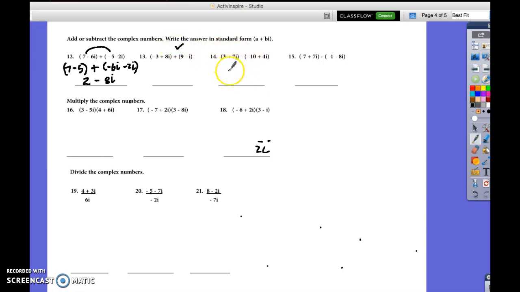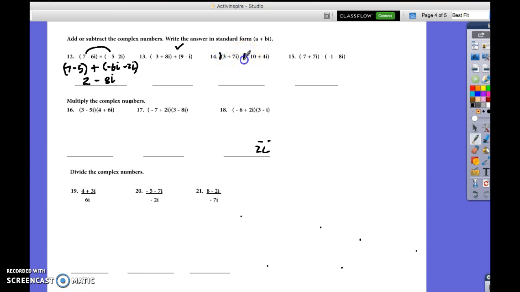Subtraction is a little bit more challenging, but not hard. So for the subtraction, we got the 3 plus 7i. So here it is, the 3 plus 7i. Understood. We have a 1 outside here.